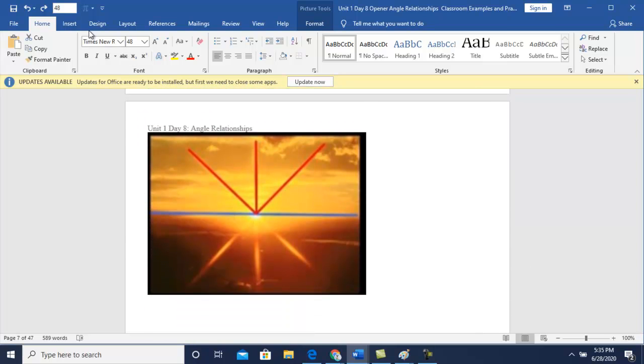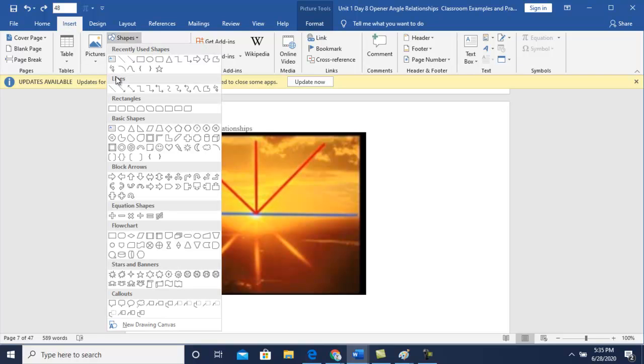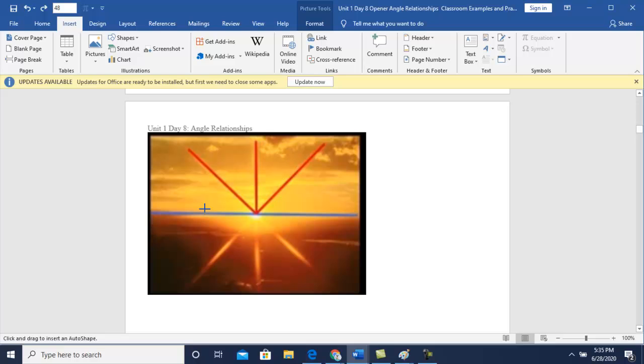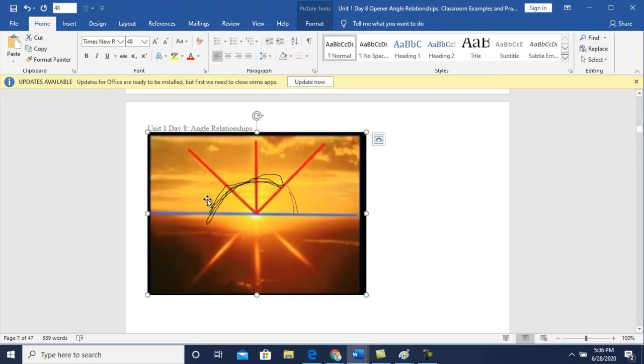For example, here you have a horizon. If you had a linear pair, one of the angles could be an obtuse angle, and then the other angle would have to be the acute angle. The two angles together would make up a linear pair.